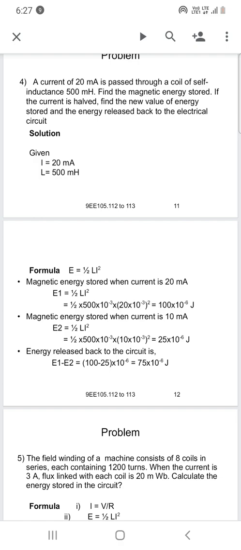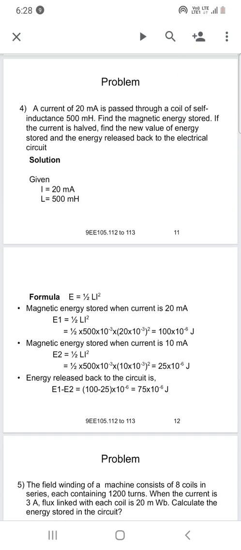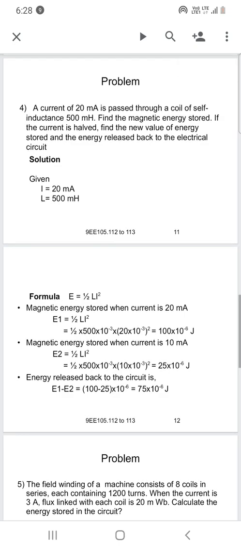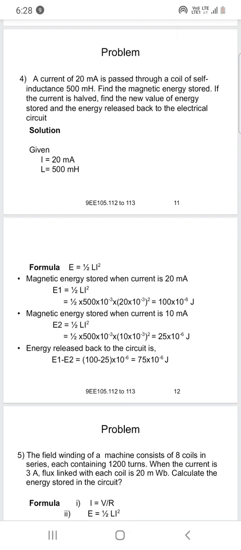Find the magnetic energy stored. If the current is halved, find the new value of energy stored, and the energy is released back to the electrical circuit. Okay, this is our problem.